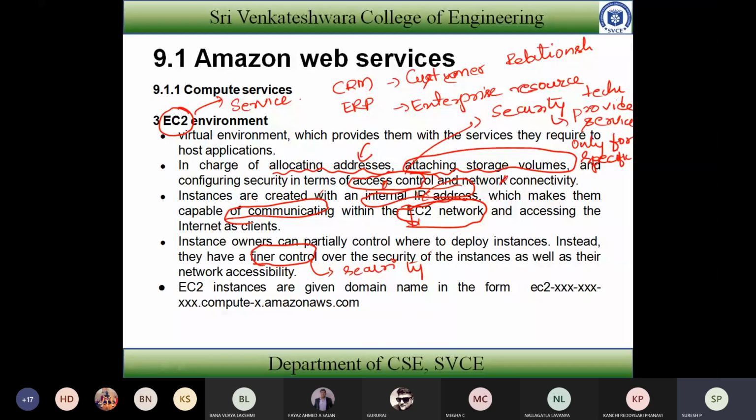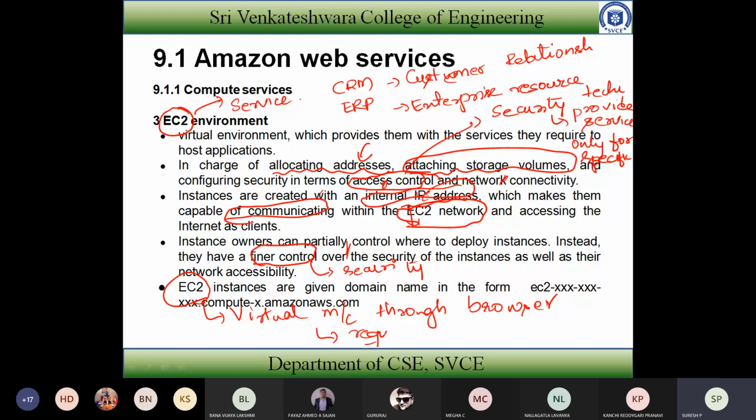Okay, so the EC2 which you are going to deploy will be deployed under web services. As a part of the web services, these instances will also be given a domain name. That you should know. When you are accessing any EC2 or virtual machine through a browser, the first thing that comes to mind is that it requires a domain name.